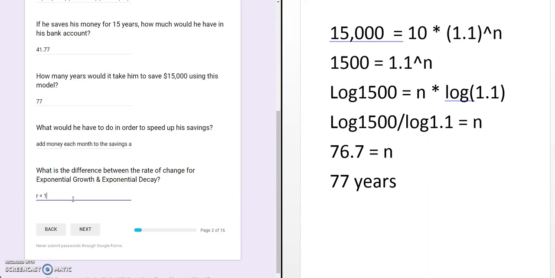So in this case you need to add 100% plus the growth percent, or if you're going to decay, r is equal to 100% minus the decay percent. That's the difference between growth and decay.